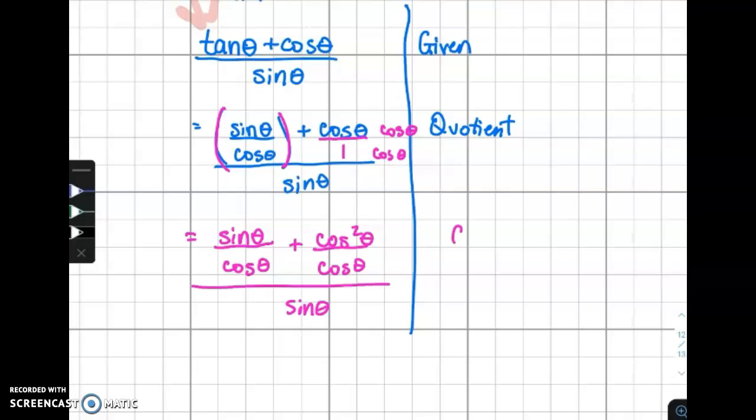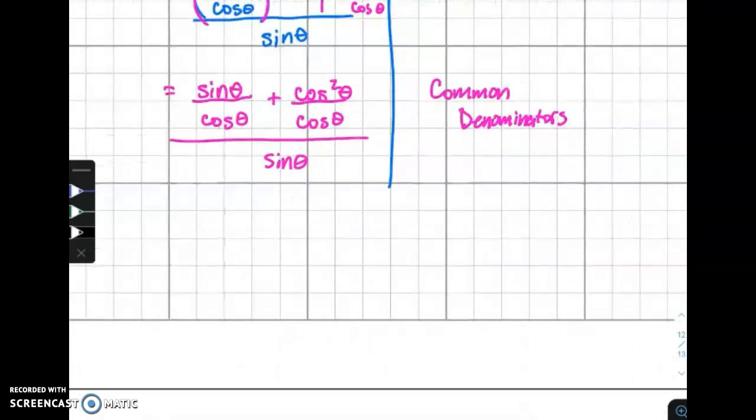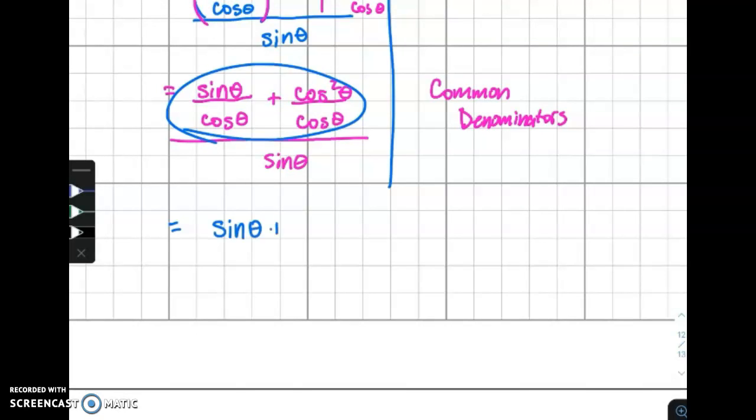So here I got common denominators. Every time you get common denominators, it's so that you can add or subtract the fractions. So now we're going to add these together. That's going to give me sine of theta plus cosine squared all over cosine theta, which is all over sine of theta. So I added the fractions.